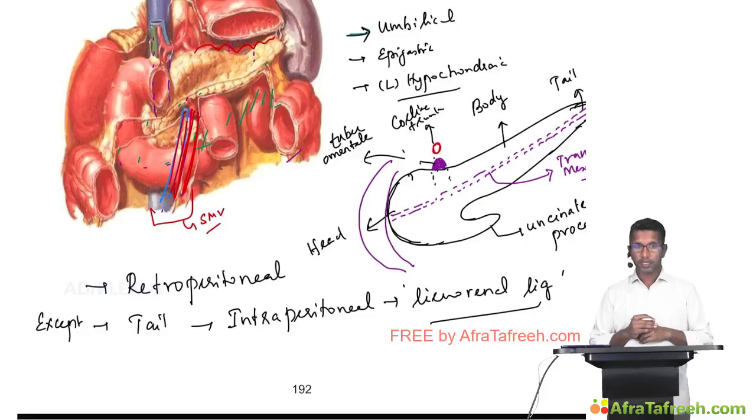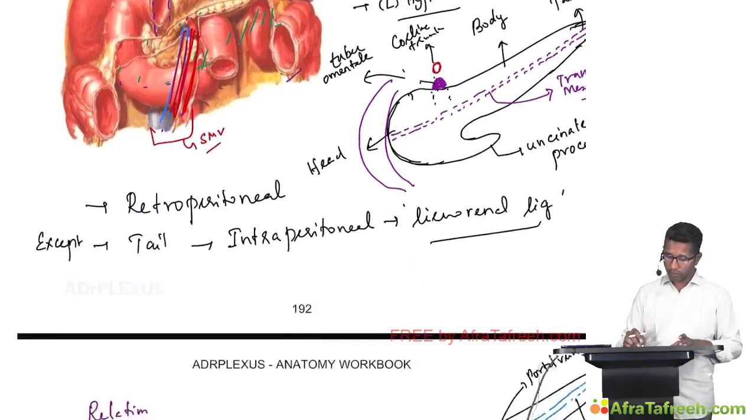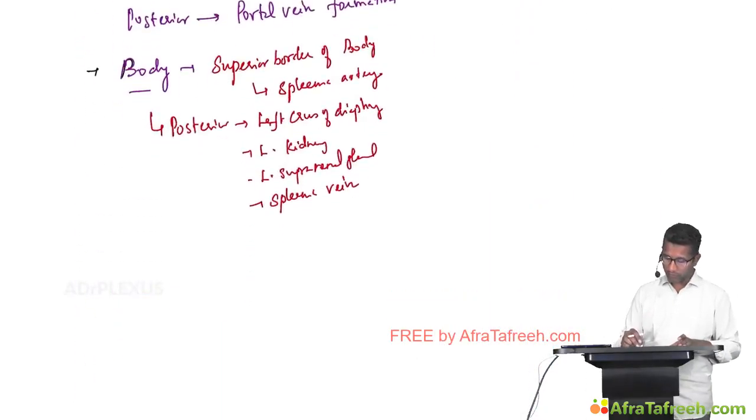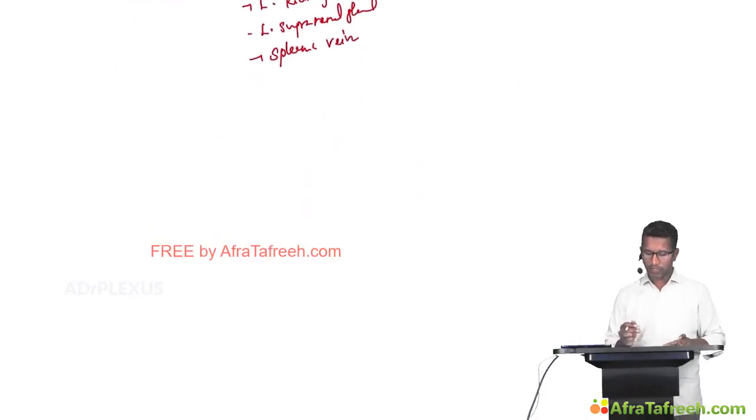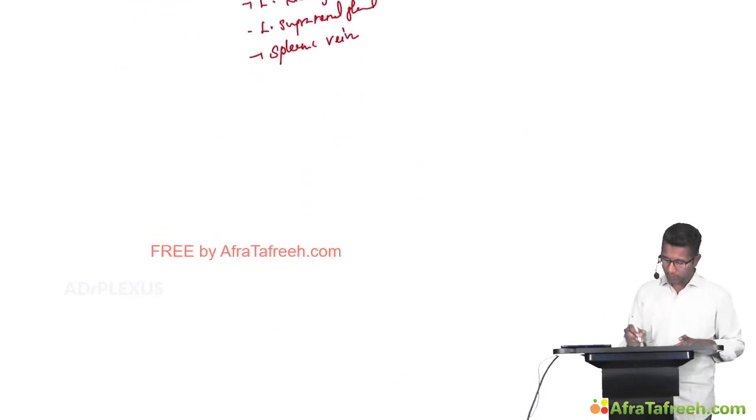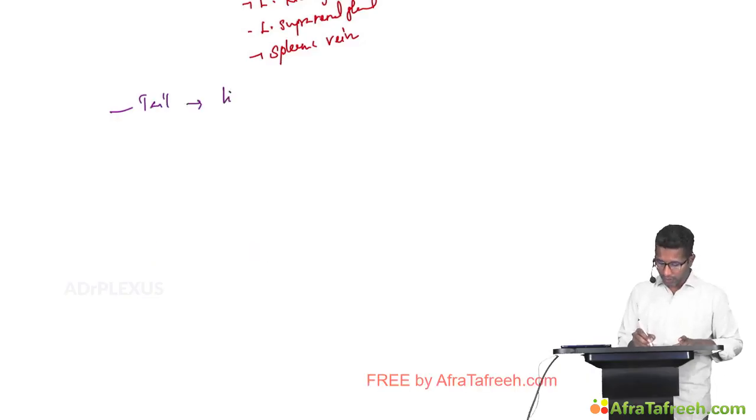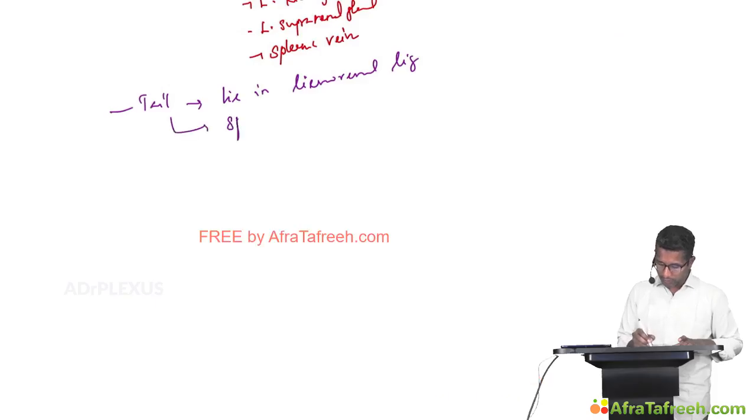Main is the duct system of the pancreas, very important. A lot of questions come from this duct system. The tail, I think we have seen. The tail is a small area at the distal part of the pancreas. It lies in the lienorenal ligament.